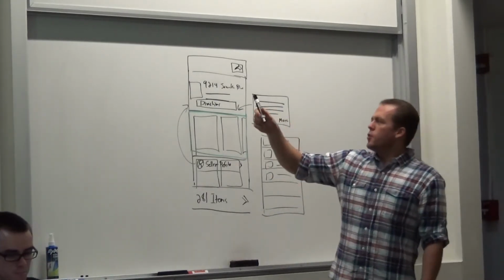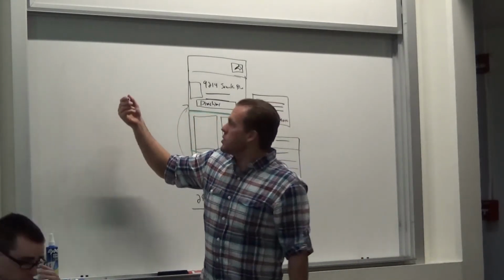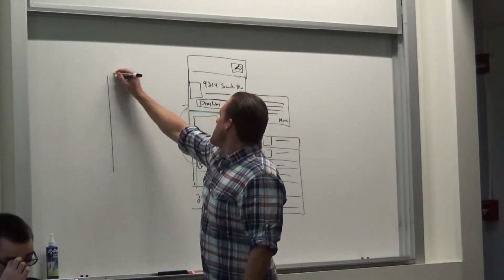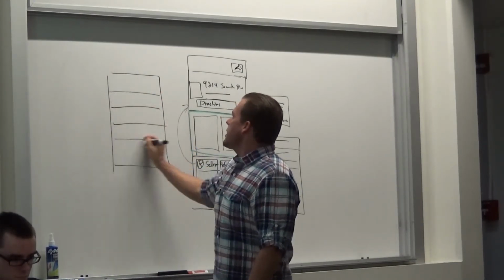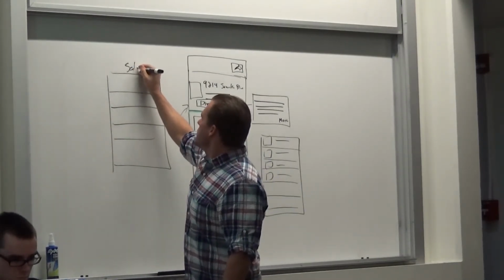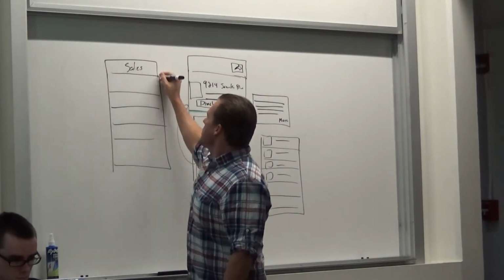This is how a lot of apps work, guys, and I think you're maybe seeing the pattern. You started from one list view of sales, right? This is your sales. Okay, this is a list view.